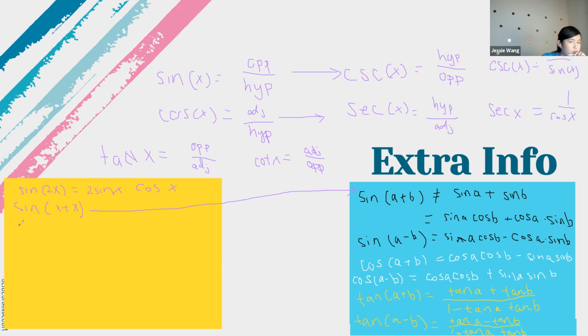We also have the double angle formulas for cosine. We have cosine of 2x is equal to, and there's 3 different forms for this one because sine squared plus cosine squared equals 1. So the first form that you see is cosine x squared minus sine x squared.